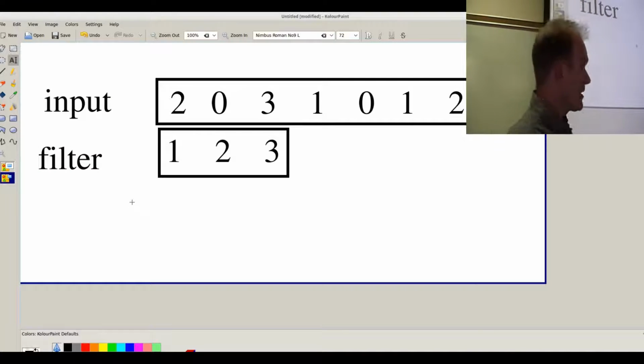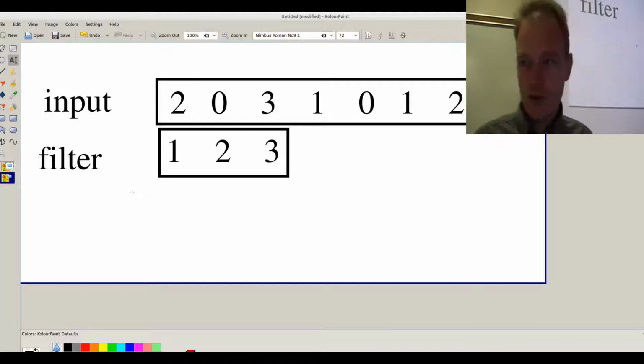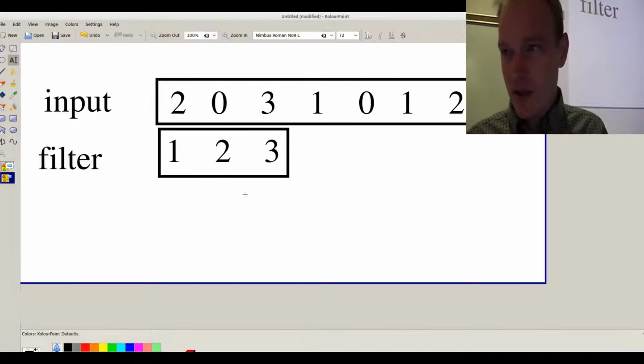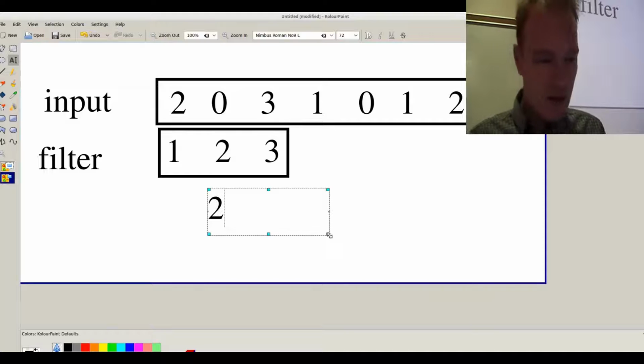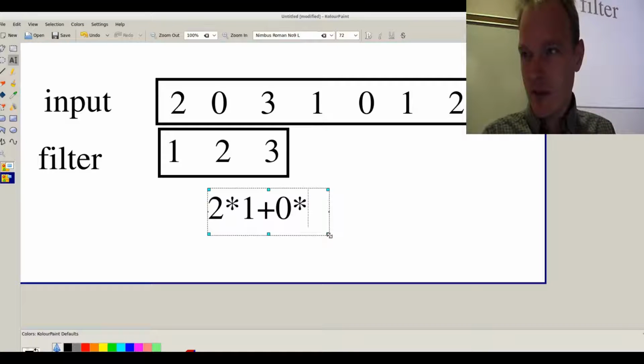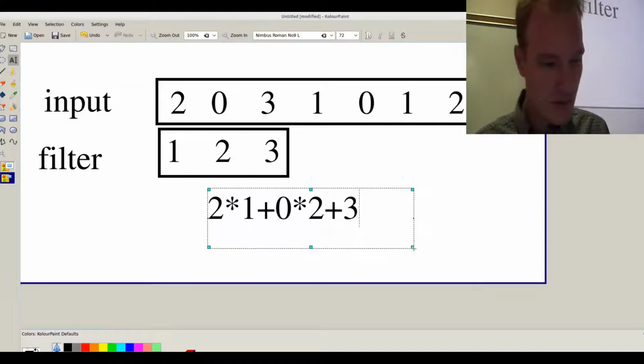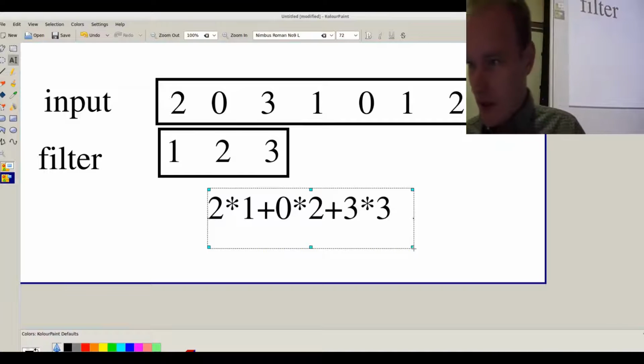And I'm going to apply my filter by doing a dot product. So, what is 2 times 1 plus 0 times 2 plus 3 times 3? It's 2 plus 9, which is 11, right?